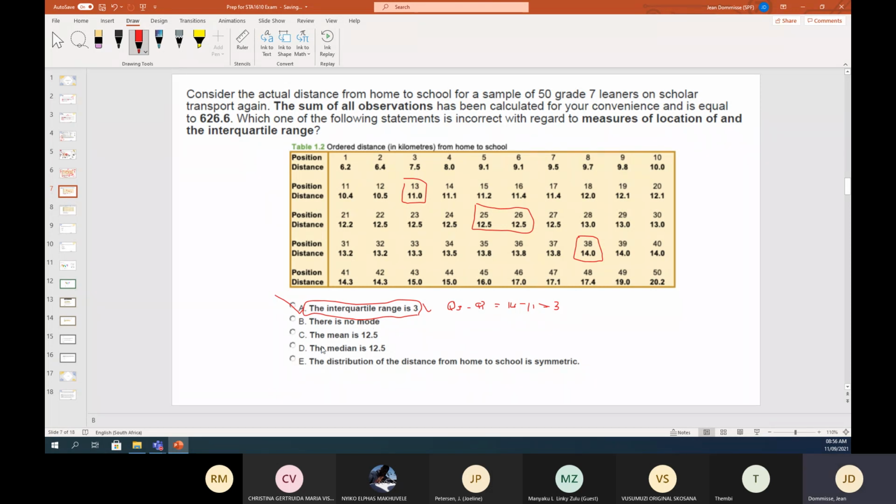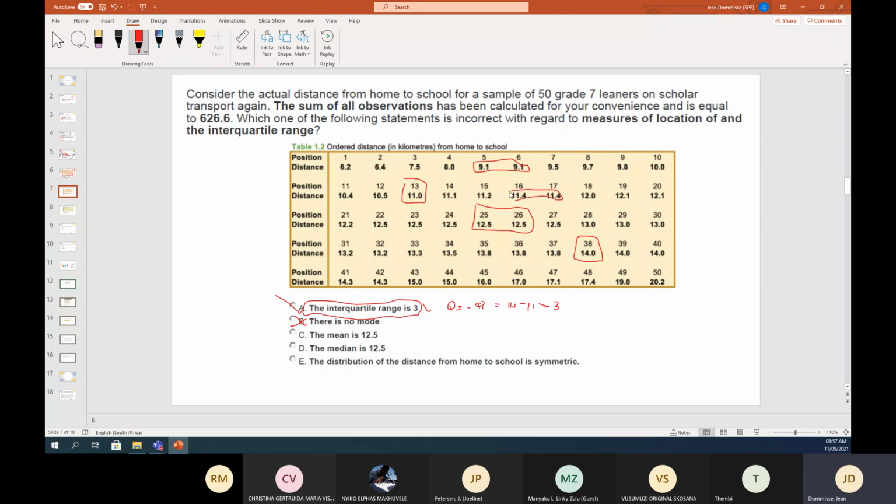There is no mode. I nearly automatically want to say no, because in a data set like this, there will always be a mode. So let's go from the bottom and see. There already we have two numbers that could be the mode. They don't ask us what the mode is yet, but that is a mode already, unless there's one that has more.